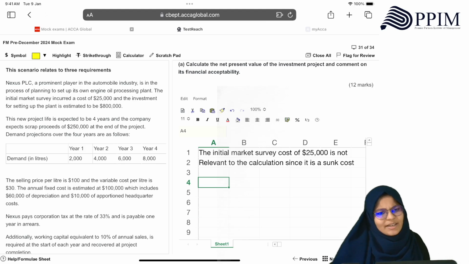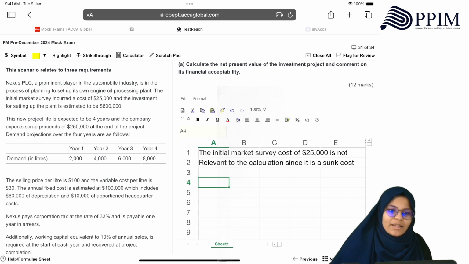This new project life is expected to be 4 years and the company expects a scrap of 250,000 at the end of the project. Demand projections are as follows. So demand in year 1 is 2,000, then 4,000, 6,000, 8,000. Fine. Selling price is 100 and the variable cost is 30. Annual fixed cost is estimated at 100,000, which includes 60,000 depreciation and 10,000 of an apportioned headquarter cost.